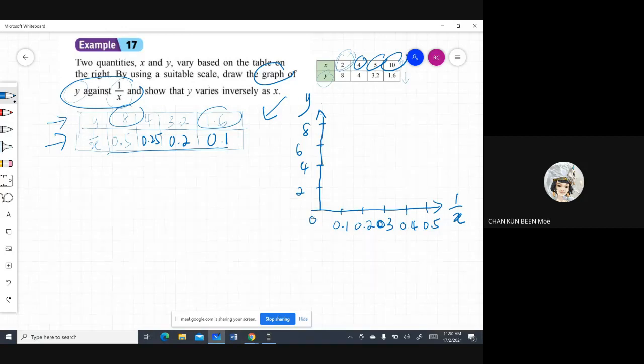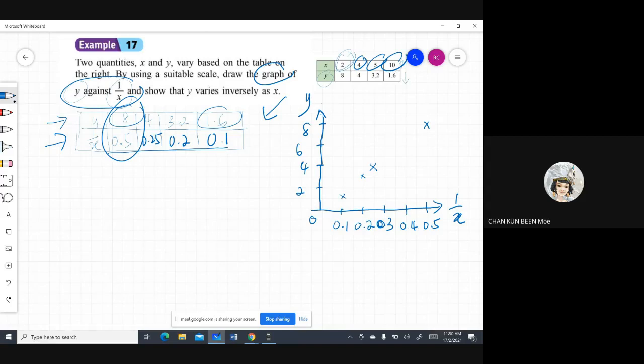After that you plot it. 2 with 0.5. So 0.5 is right here, 2 is up here. 4 with 0.25 is in the middle here, and then 3.2 with 0.2, somewhere here, and the last one, 1.6 with 0.1, somewhere here.